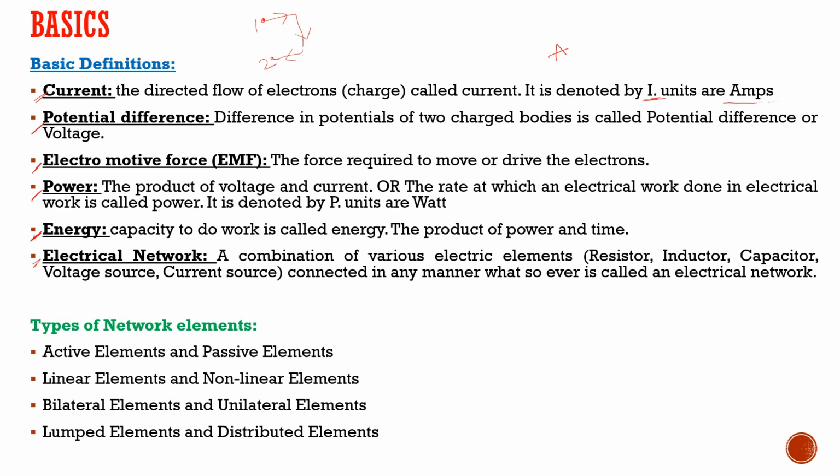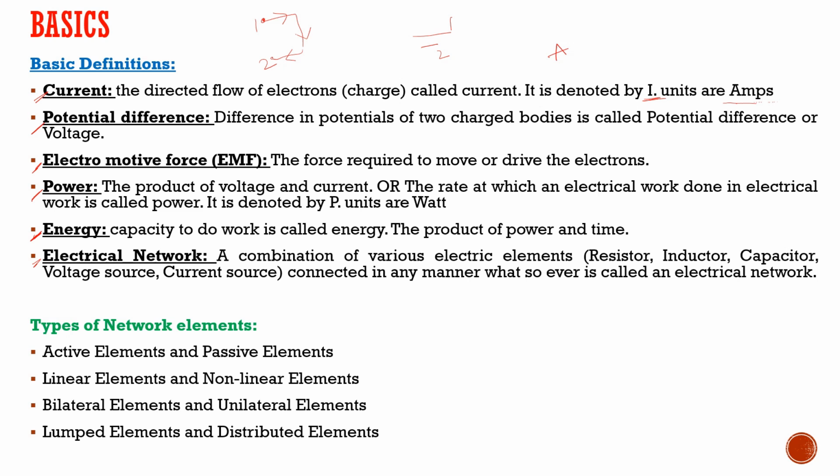And the second definition, potential difference. So potential difference is simply the difference between the two potentials. If we have two terminals like this, this is the first terminal and this is the second terminal, and the length of the terminals indicates the value of the potential. So terminal 1 has higher potential and terminal 2 has lower potential.